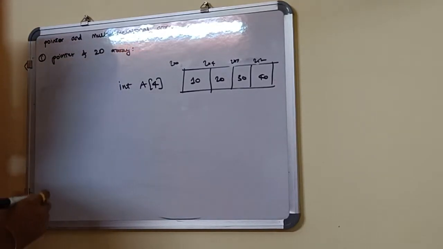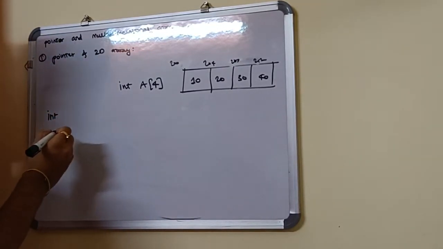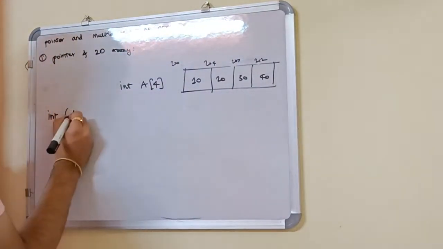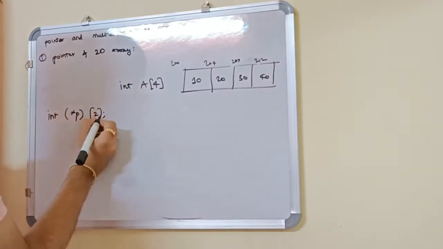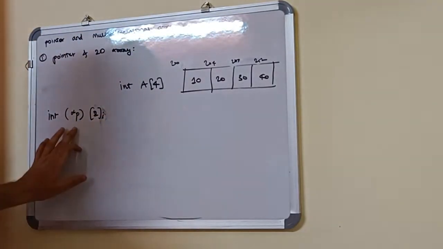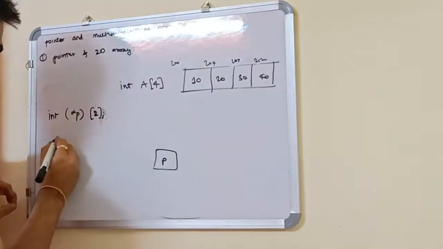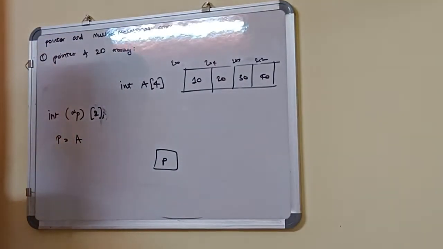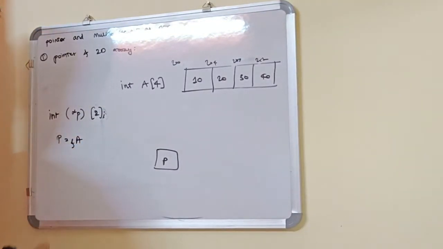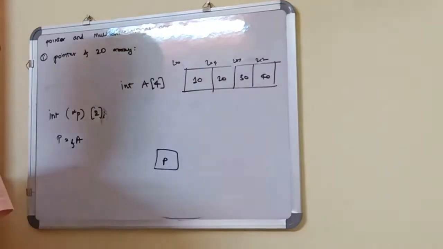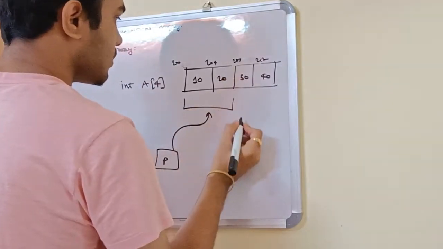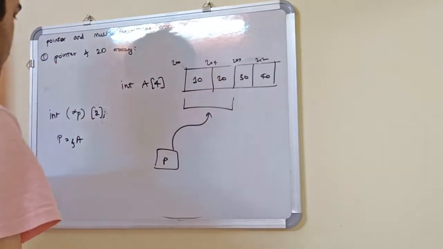Now in the previous example, we will try to create a block pointer of some different size. Let's say I will create a pointer p to an array of size 2. Now if I write p is equals to address of a, that means p is actually pointing to only these 2 contiguous locations.